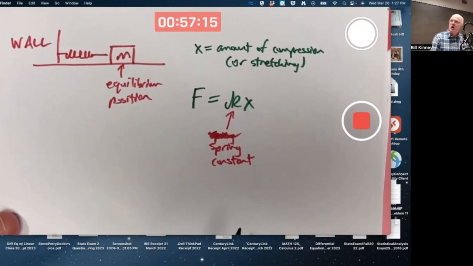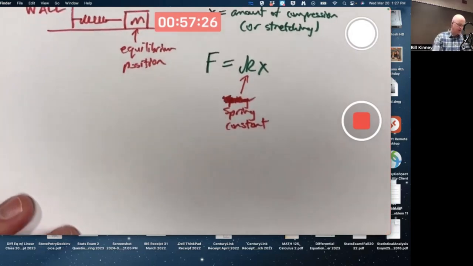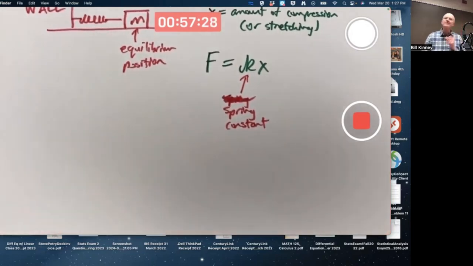What's the goal? The goal is to use this idea to figure out the work done if I stretch it a certain amount or compress it a certain amount. What's the work done? This is tricky as well. Think about it this way.